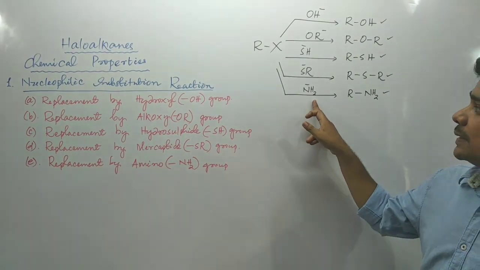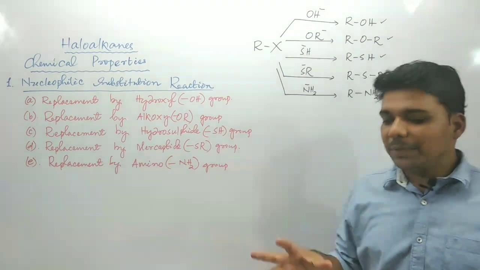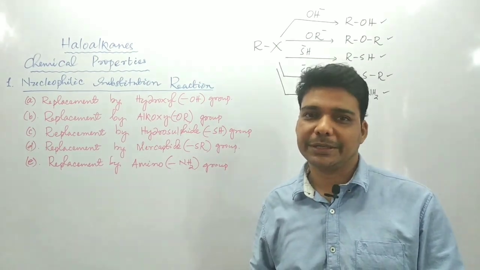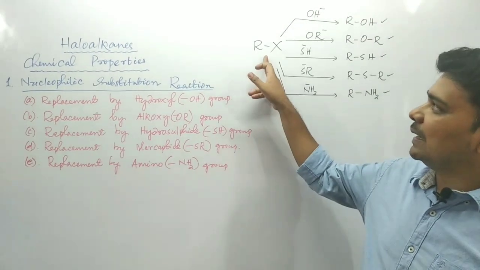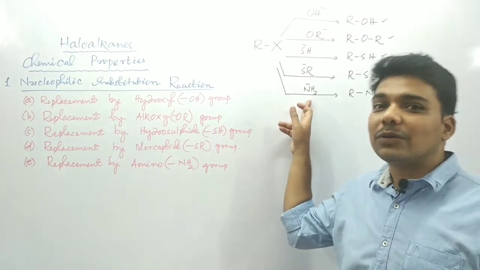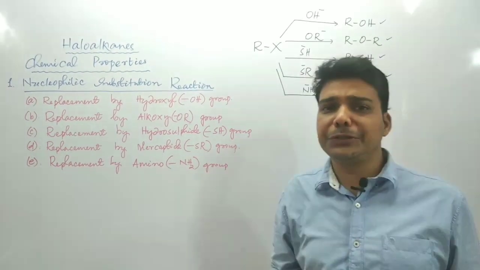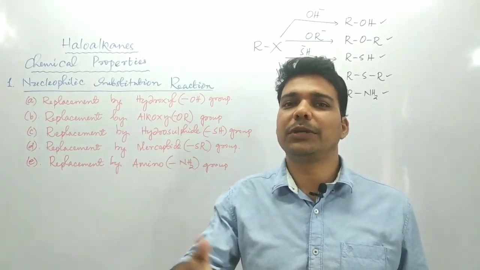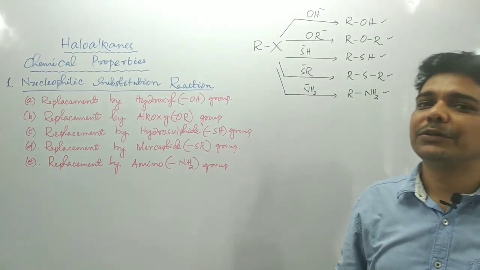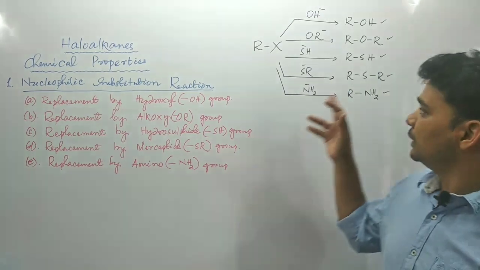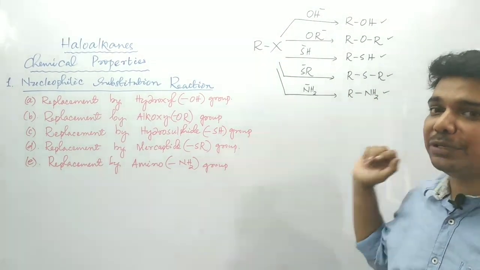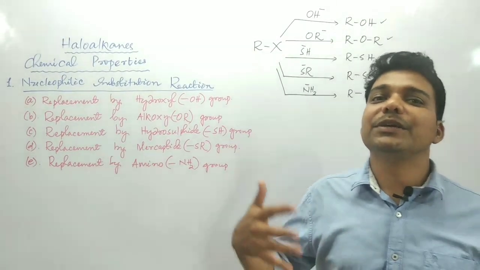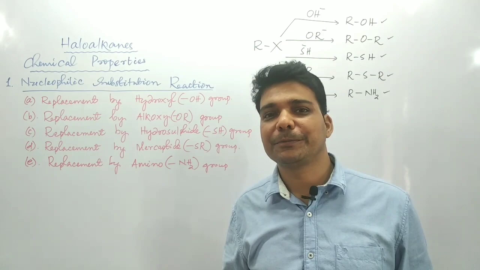In order to get this NH2 minus, the suitable reagent is ammonia, alcoholic solution of ammonia. When alkyl halide is heated with alcoholic ammonia solution in a steel tube at a temperature of about 100 to 110 degrees Celsius, then we will get not only this primary amine, along with this primary amine, secondary amine, tertiary amine, quaternary ammonium salt may be obtained.